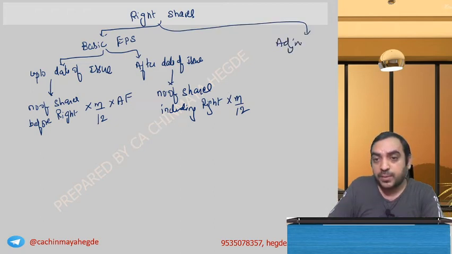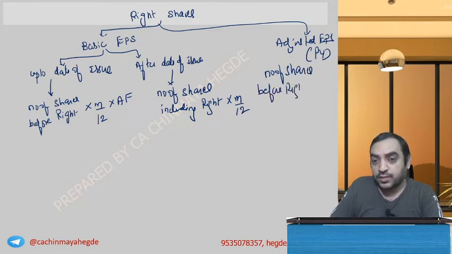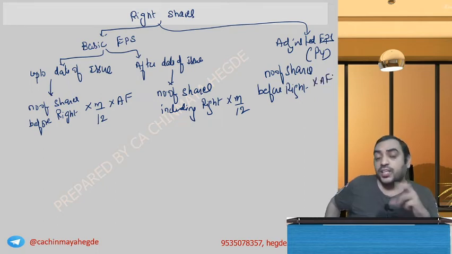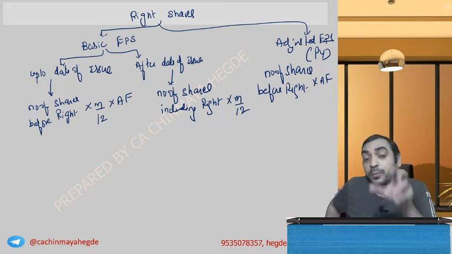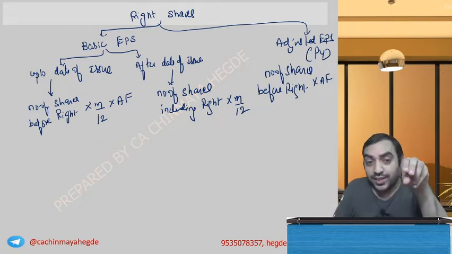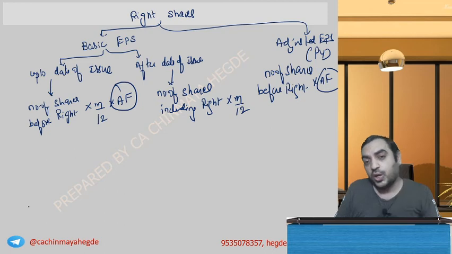For adjusted EPS, that is for previous year, number of shares, obviously previous shares means before right, number of shares before right multiplied by adjusting factor. Basically, right shares means what? Shares issued to existing shareholders at a concessional price. In the concessional price, there will be a free element, a bonus element. That bonus element is what adjusting factor is all about.